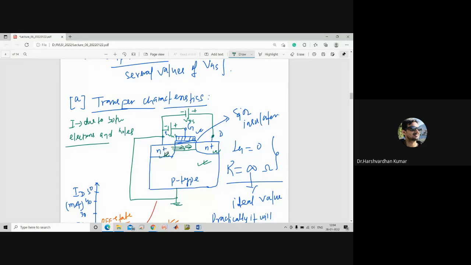Because this is an N plus region, this is an N plus region, and in the channel also we have only electrons. Say loudly, don't feel shy. If you say wrong, I'm not going to scold you. So in a MOS transistor, the drain current is only due to the electrons.